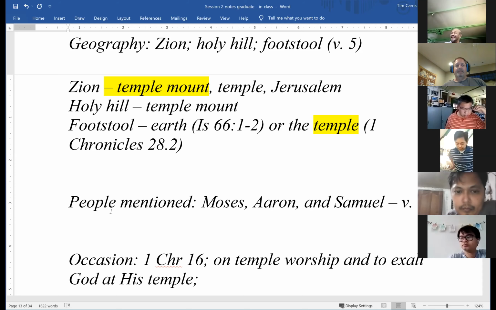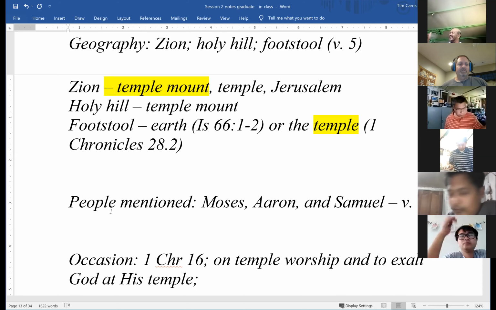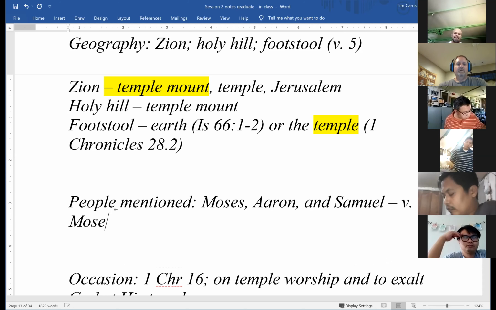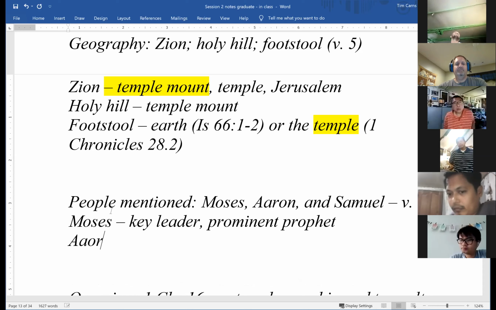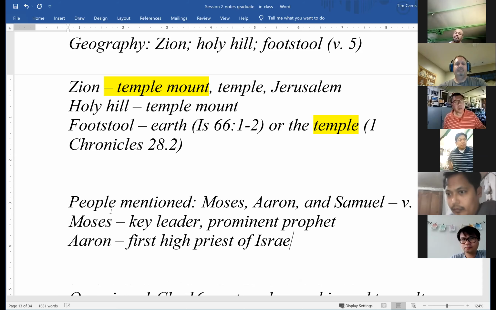And what we might want to do is include a little more information about them. Again, the idea is not just to identify the names, but talk about what we know about them. So Moses was the key leader, prominent prophet. Aaron was the first high priest of Israel.